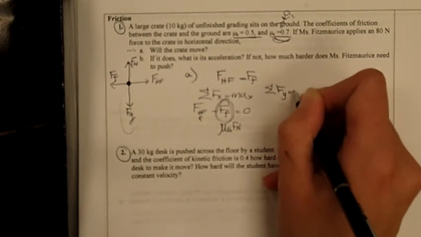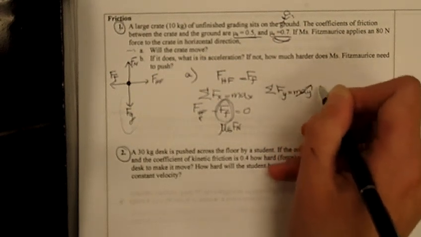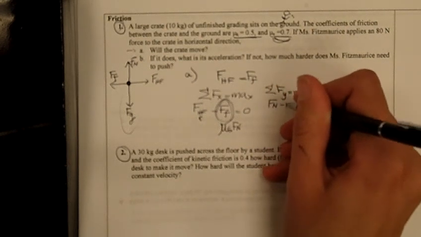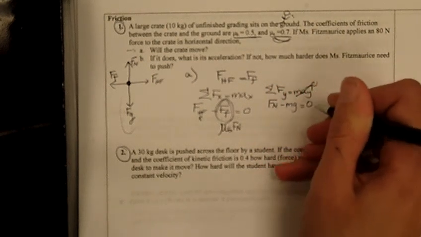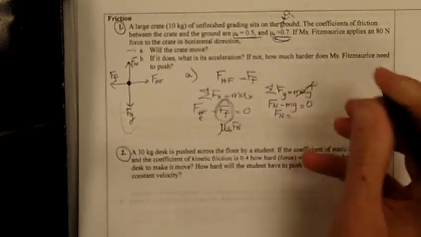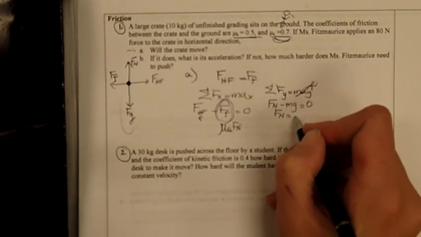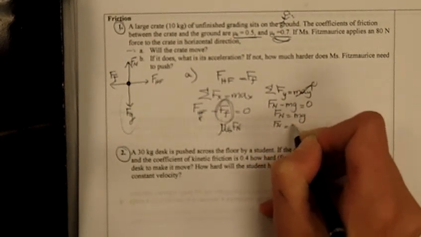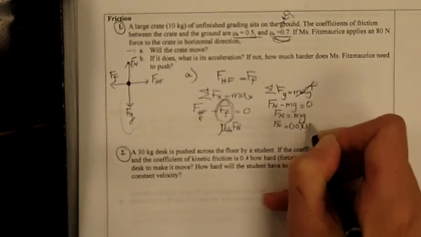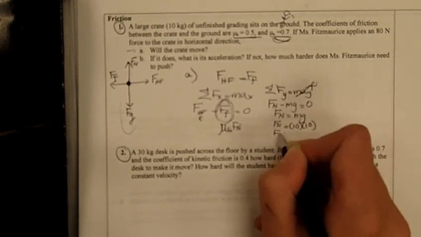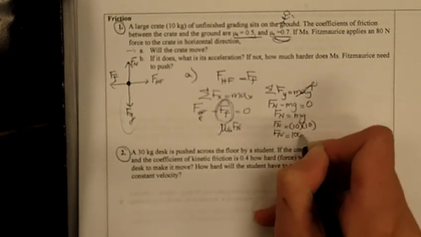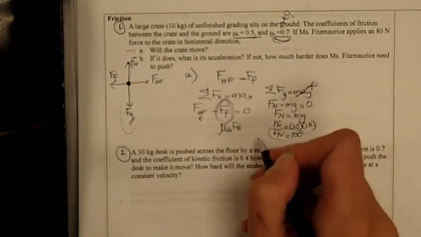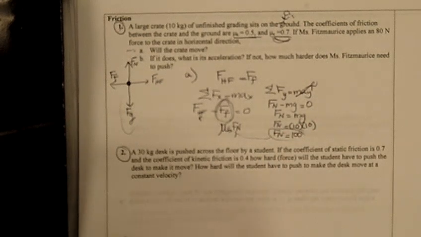So I have to find out what Fn is. Sigma Fy equals may. This thing is not moving in the up-down direction, so Fn minus mg is equal to 0. Fn is equal to mg. In this case, Fn is equal to m, which is 10, times g, which is 10, and Fn is equal to 100. I'm going to plug it into my equation.